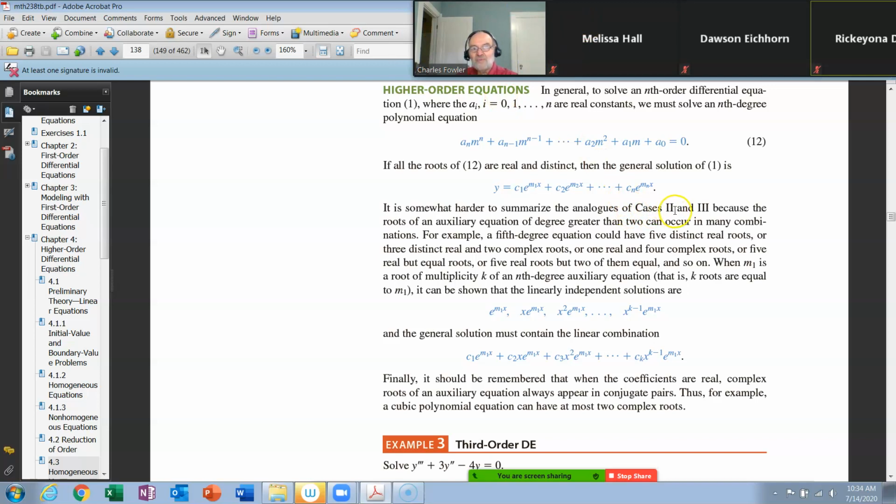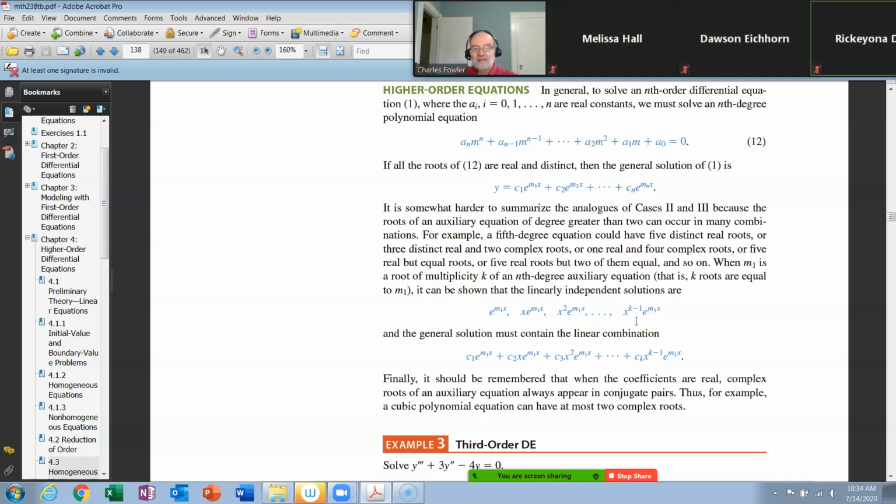If your case 2 was multiple roots, and you could have more than one multiple root too, but let's just take one at a time, then you'll have a power of x. You'll have e to the m1x, the first solution, then x times that, x squared times that, x cubed times that, up till x to the k minus 1 times that.